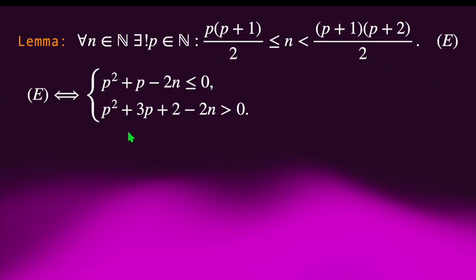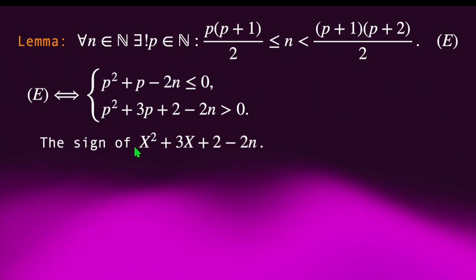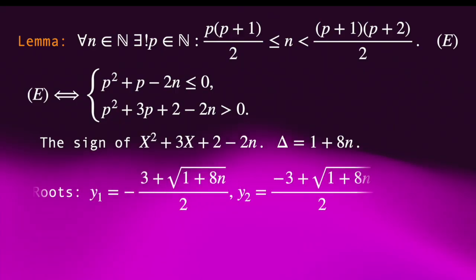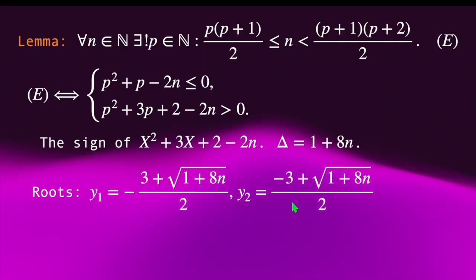So now we will do the same for the second inequation. We compute the discriminant of this polynomial, and it's the same as the discriminant of the first one, and the roots are y1 and y2 given by these two formulas.